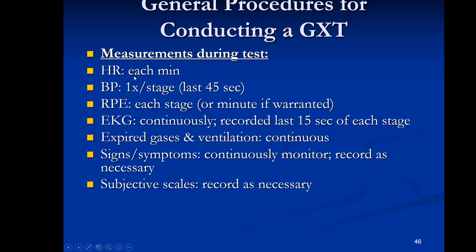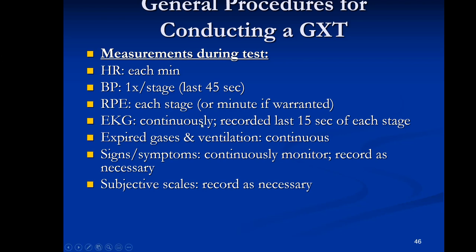During the test, these are important measurements: definitely heart rate every minute, blood pressure at least one time per stage, and RPE at least each stage. I personally like to do it every minute because it's an easy number to get, especially as participants get closer to their max, the RPE may change within a stage.